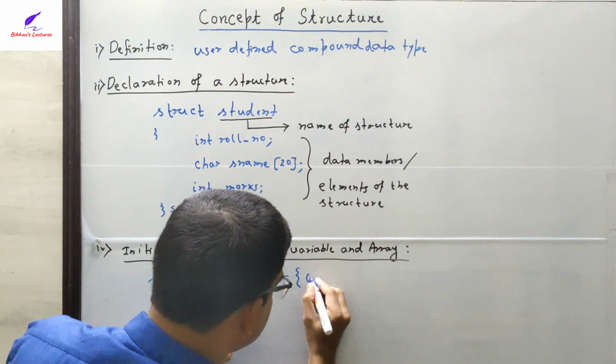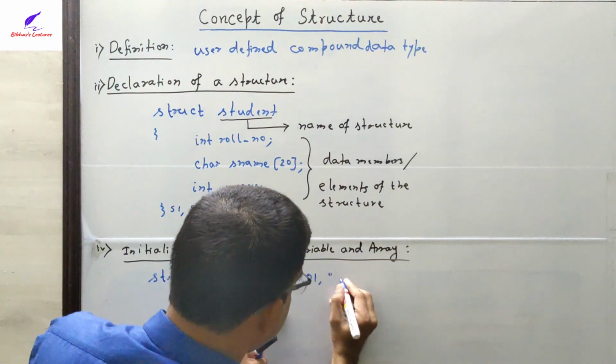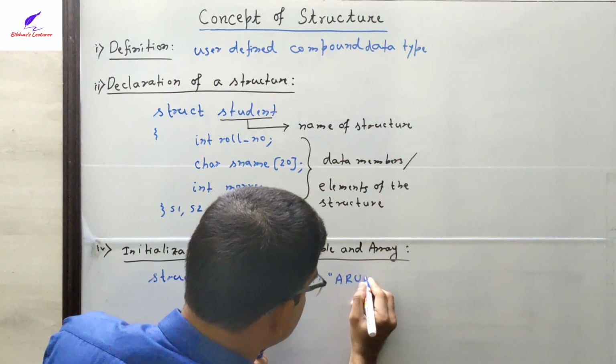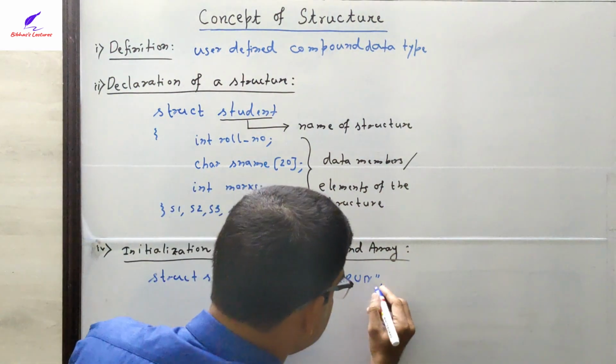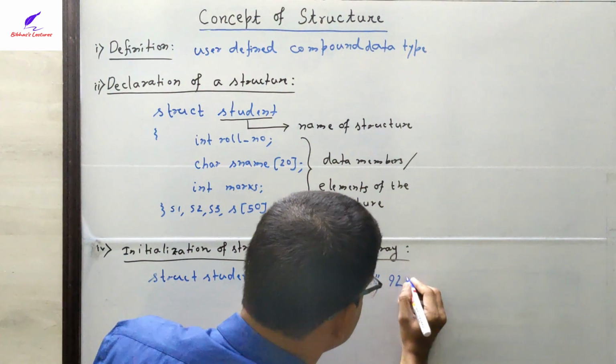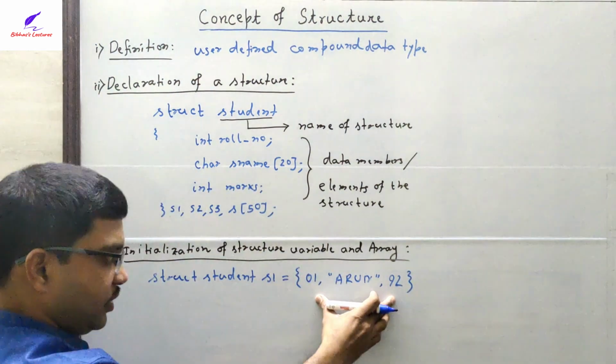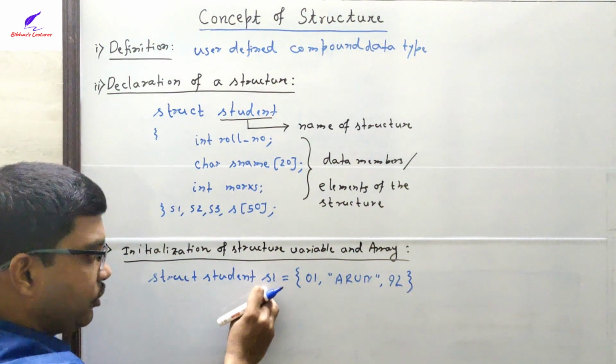So suppose the roll number is 01, the name is suppose Orun. Now name is a string, so it has to be enclosed by double quotation, and suppose the total marks obtained by the student is 92. So these are the 3 fields of this S1 student.